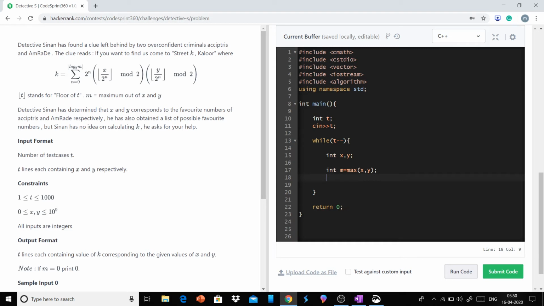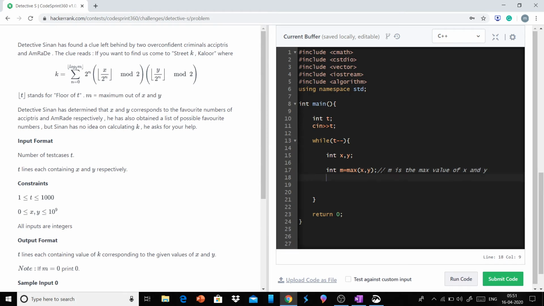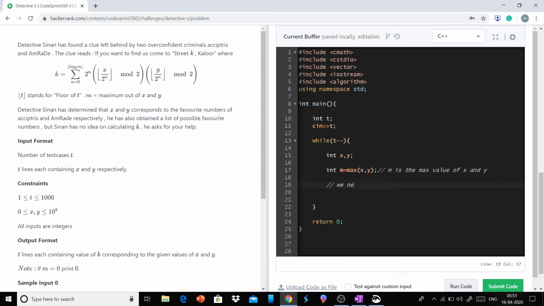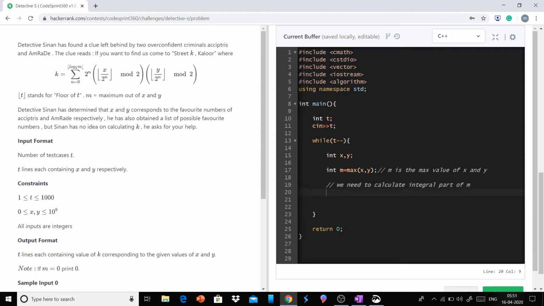And now I have the value of m, the maximum value of x and y. Now we need to calculate the integral part of log m. So I can write a function.